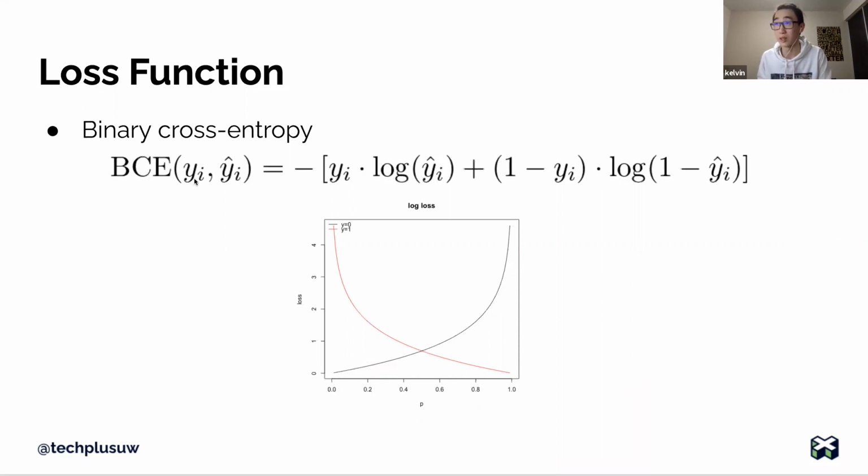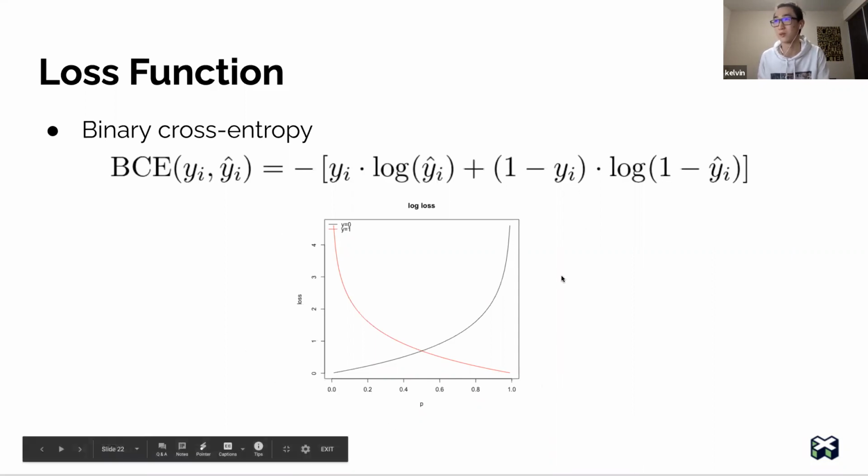If the real value is 0 and our predicted value is close to 0, our loss will be low, while if it's closer to 1, then our loss will be high. The same thing applies if y is equal to 1, which is the red curve here. That's how this loss function is defined, and we'll be using it today in our notebook.